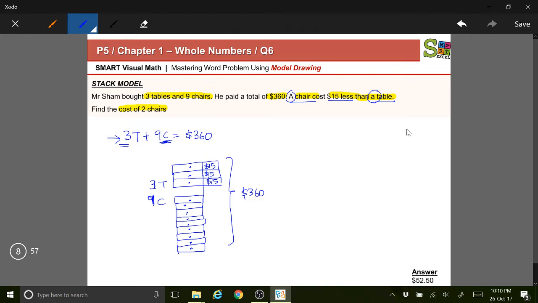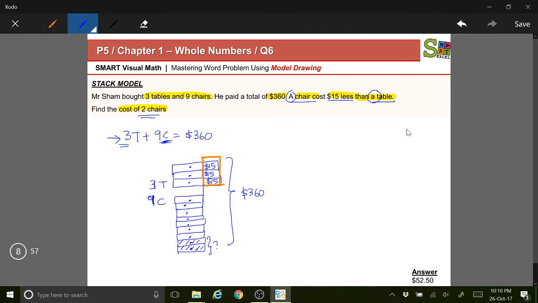The total here is $360. Now the question is asking for 2 chairs, so the question mark is this 2 units here, so 2 chairs. From here we need to get rid of this $15.